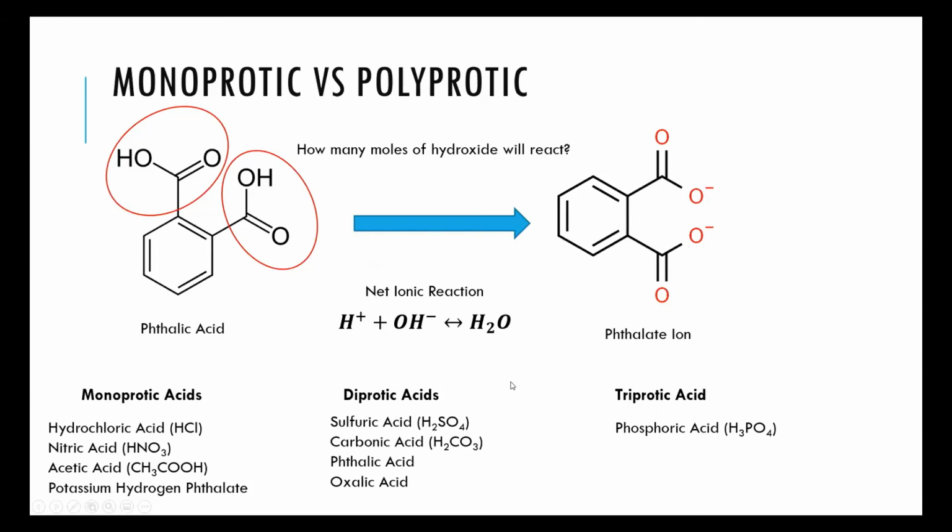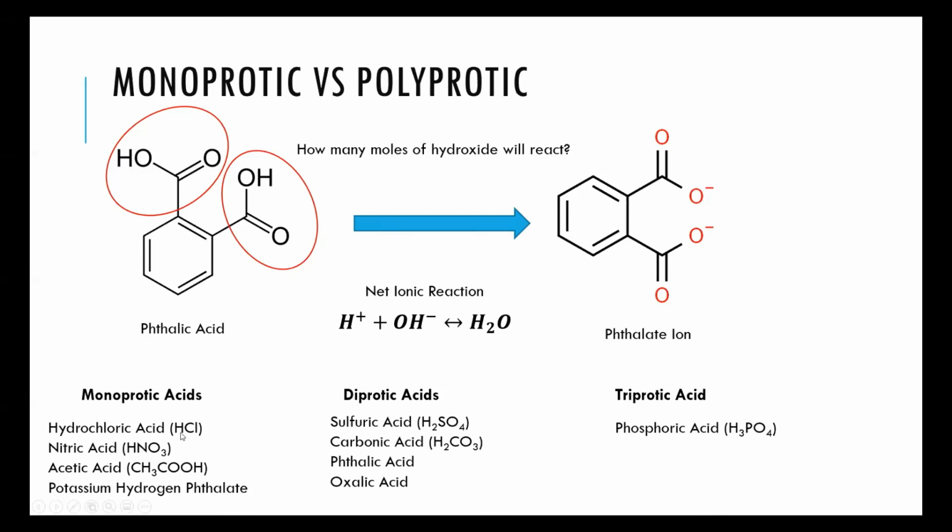The net ionic reaction is still the same because it's 2 H plus will react with 2 hydroxides to give 2 waters. So overall, the net ionic reaction is still the same. All of these acid-base reactions have the same net ionic equation. H plus plus OH minus yields water.